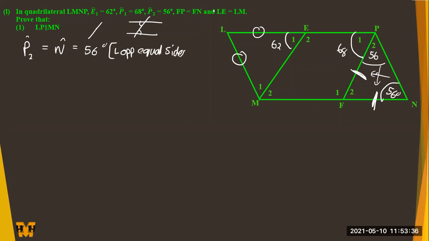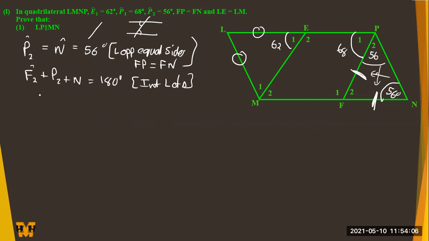And I will just say, because they said that FP is equal to FN. From there, what can we do? We can now work with the interior angles of that triangle to figure out F2. So I'm going to say F2 plus P2 plus N is equal to 180 degrees. Why? Because it's interior angles of a triangle.